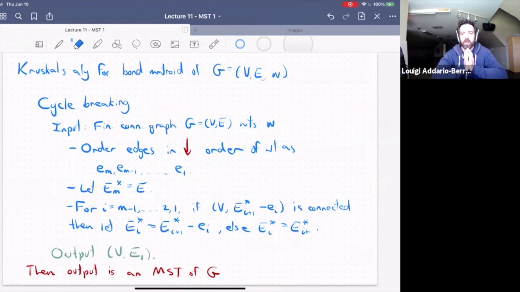They're both global procedures in that they look at all the edge weights and greedily make a choice among all of the edges that haven't been considered yet. In the next lecture, we'll start by introducing a local procedure which only looks at growing a tree starting from a single vertex and adding one vertex to a growing tree at each step.